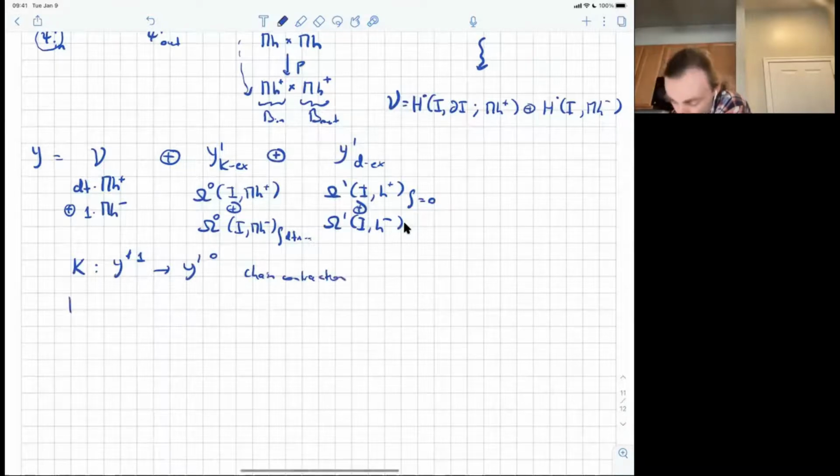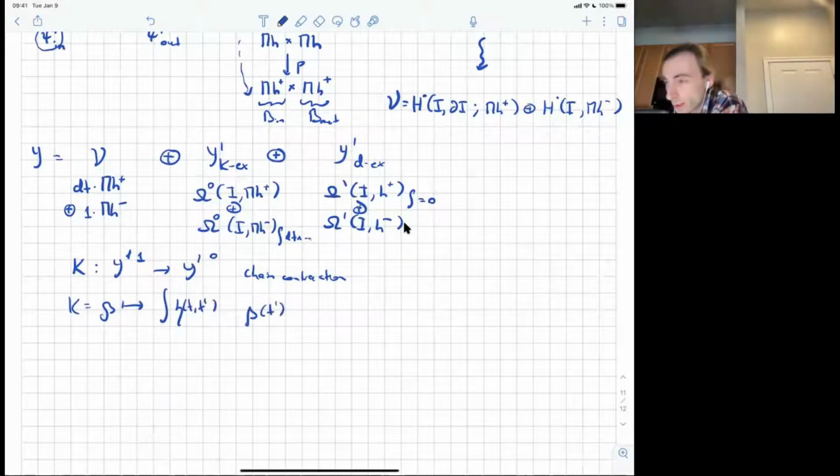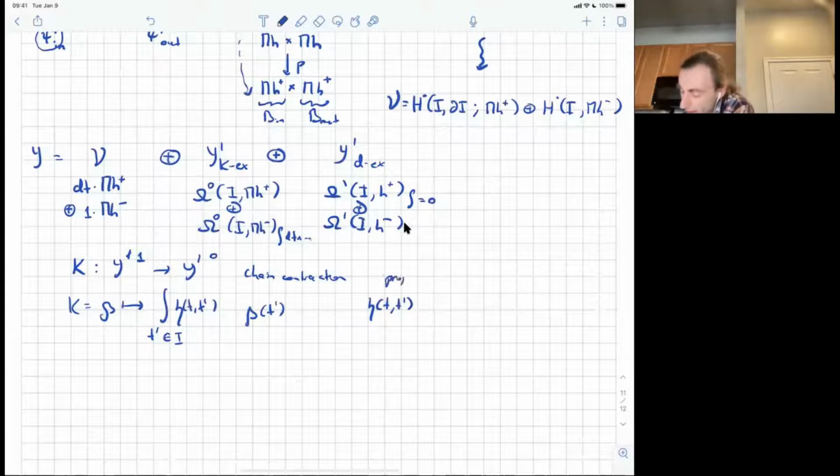So, it is an integral operator. It sends a 1 form into an integral of that 1 form against some kernel, Green's function or propagator. The integral over T prime running over the interval. And then I can write for you what this integral kernel or propagator is. And here there is no choice due to low degree.